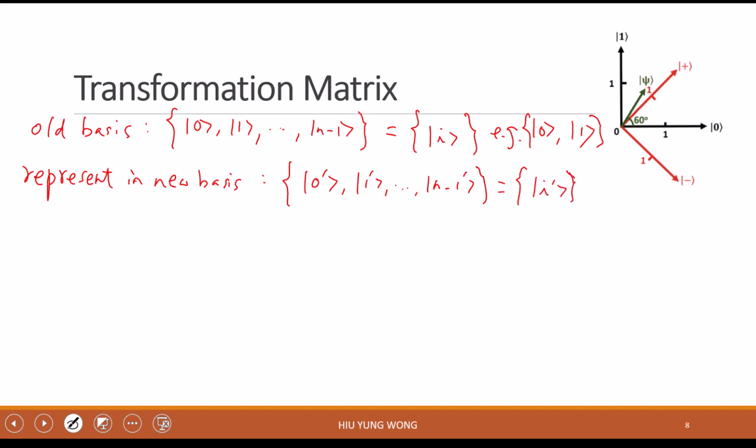But I can call it plus and minus. This is also a two-dimensional 1 qubit basis. One is 0, 1, one is plus, minus. A fake example is like this. I want to use this 45 degree as the basis. Is this clear about the background?